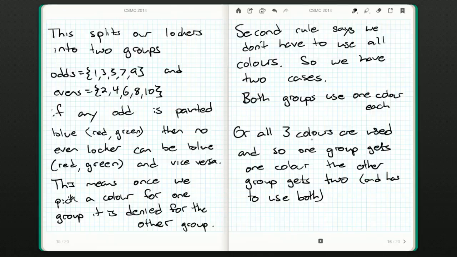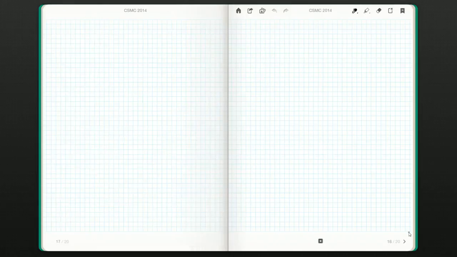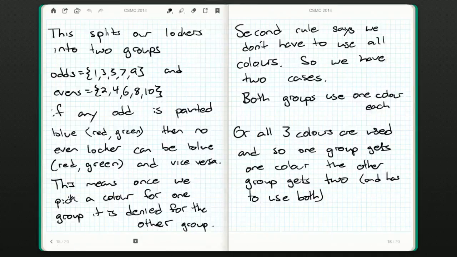Now we just need to figure out how many ways we can do that. Actually, let's number our cases. So we'll call this 1 and this 2.